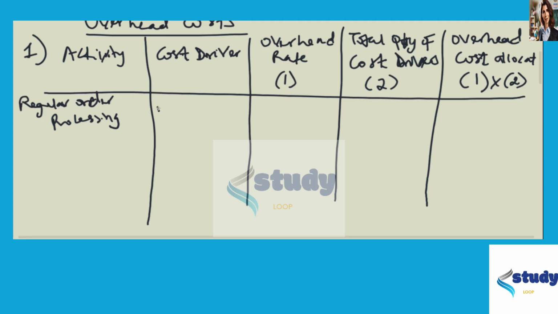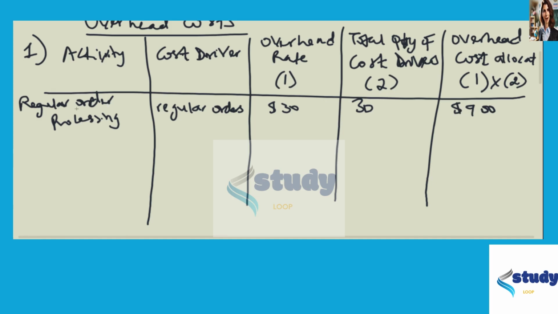And the cost driver is regular orders. And the overhead rate is $30. The total quantity of cost drivers is 30, and therefore the overhead cost allocated will be the multiplication, that's $900.